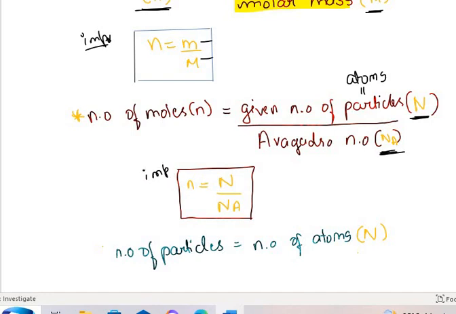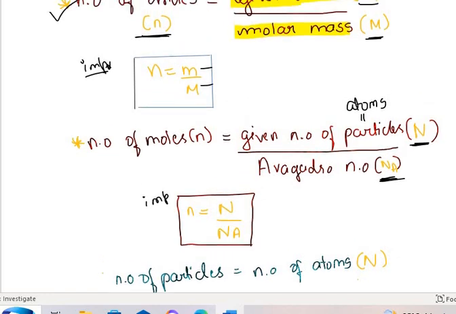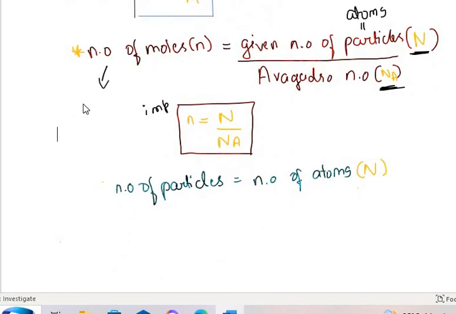This formula is important if the question is given in terms of mass. If the question is given in terms of particles, this other formula is important.